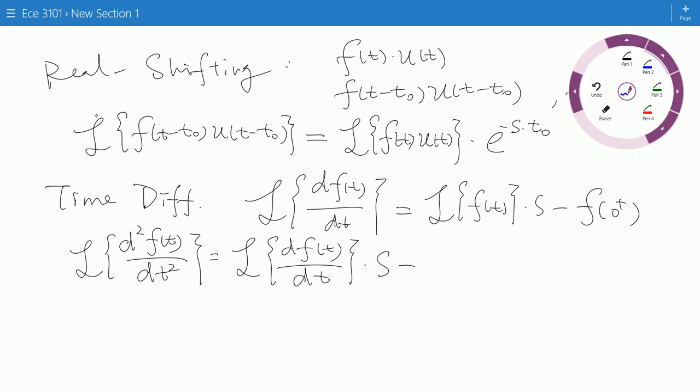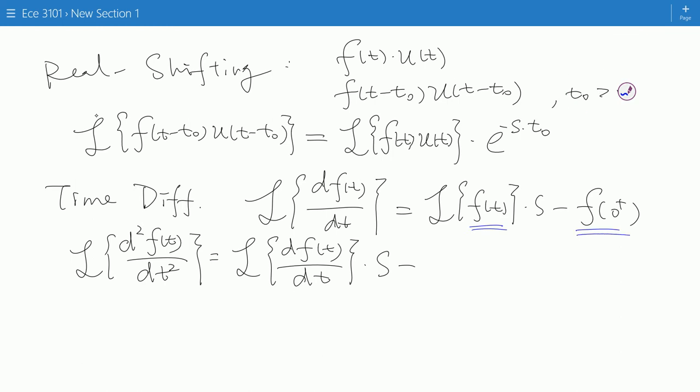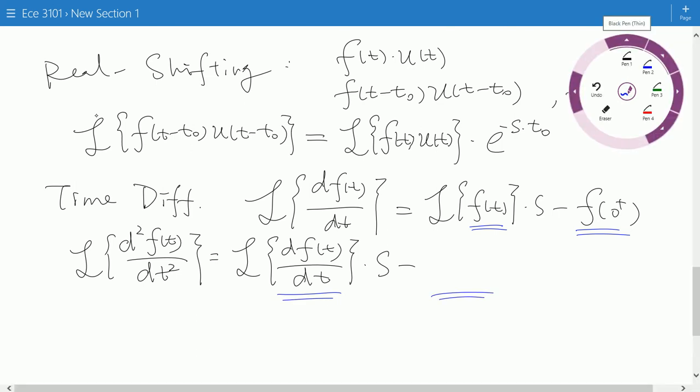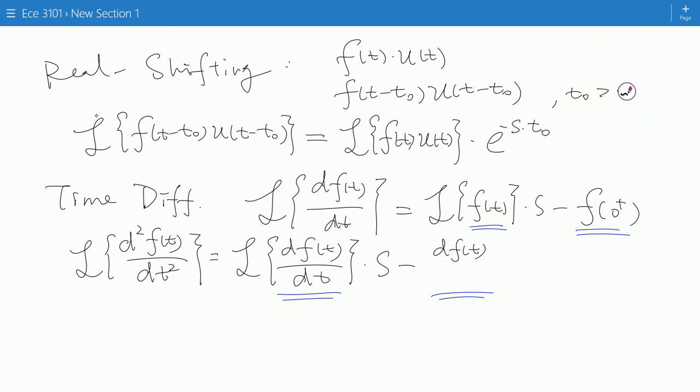If you look at this property, this guy and this guy should be the same guy. Since we have a derivative here, it should be followed by a derivative here as well, but evaluated at time 0 plus. So df/dt evaluated at t equal to 0 plus.